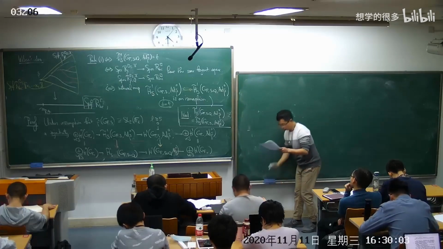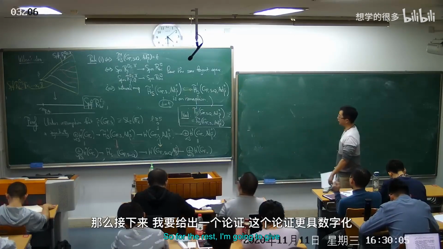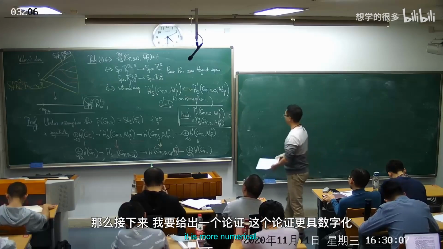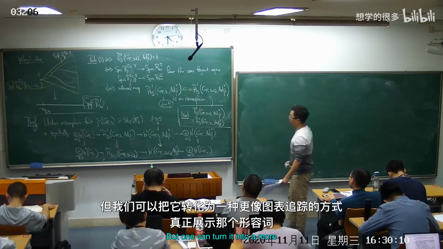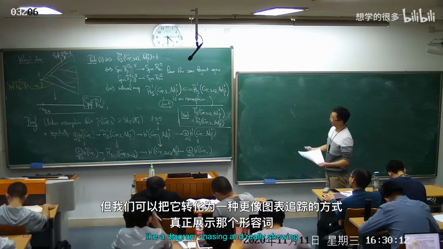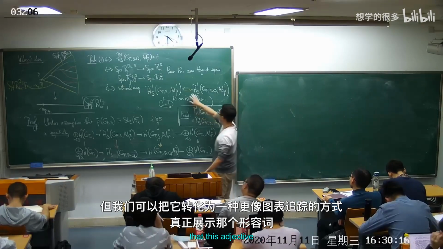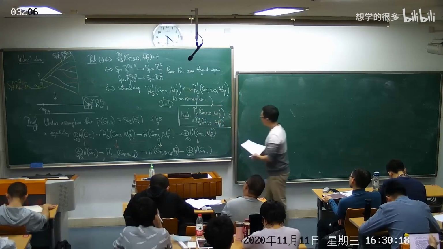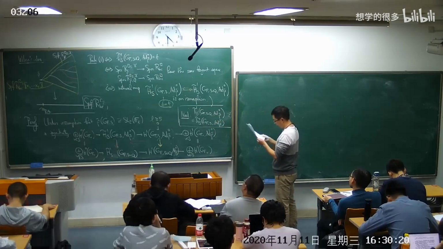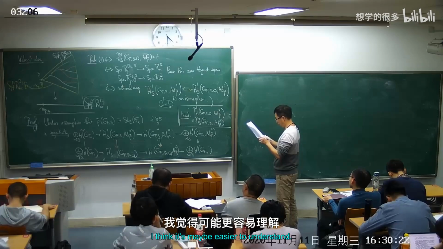Okay. So for the rest, I'm going to give an argument which is more numerical. One can turn it into a diagram tracing and really show that this injective is equal to something else, but I'm going to do the more numerical one. I think it's maybe easier to understand.